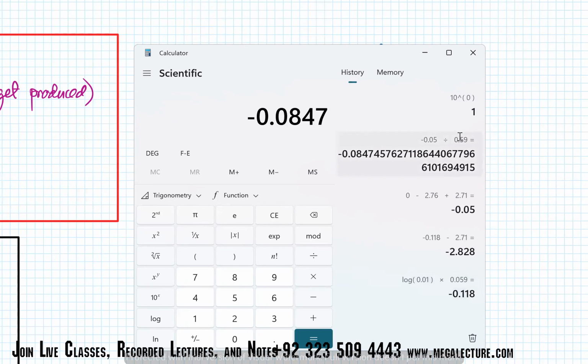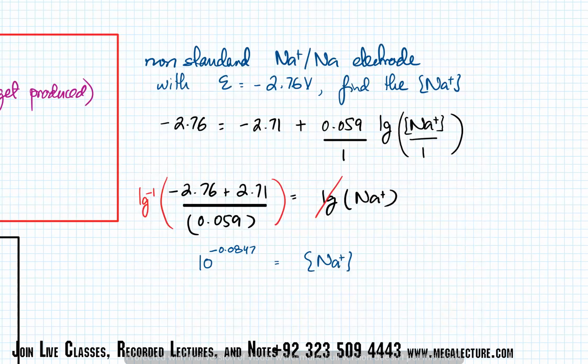I divided by 0.59. अच्छा, क्या था? 0.847. Yes. अच्छा, 1 second. Minus 0.847, और इसको फिर 10 पर x. So I get 0.142. So Na+ concentration comes out to be 0.142 mole per decimeter cube.